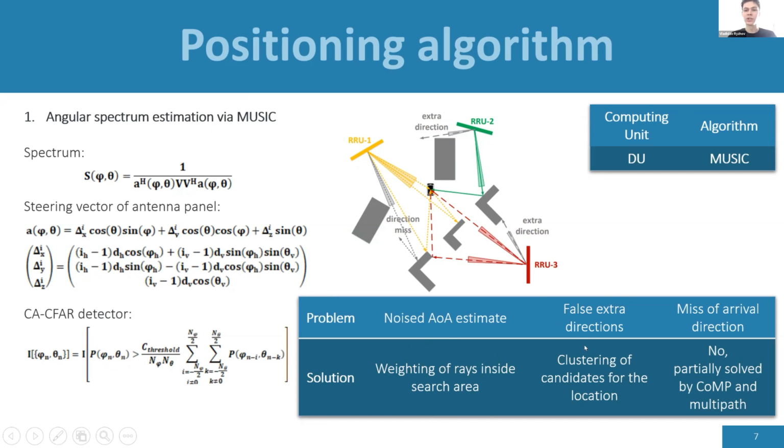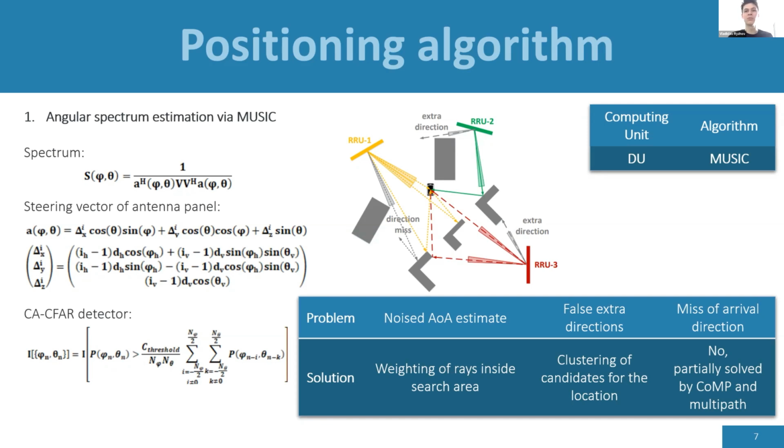False extra directions can be solved by clustering candidates of locations here. As for a missed arrival direction, we do not know how to solve it, but we can say that it's partially solved by cooperative multi-point reception, so that we have a lot of other remote units, and it's not a big problem that some directions will be missed.